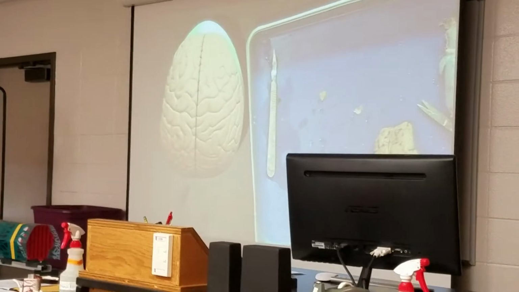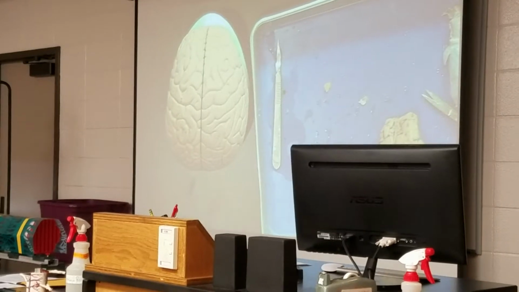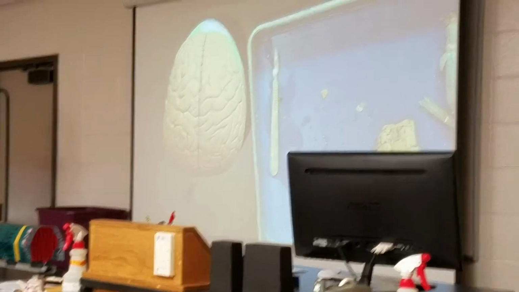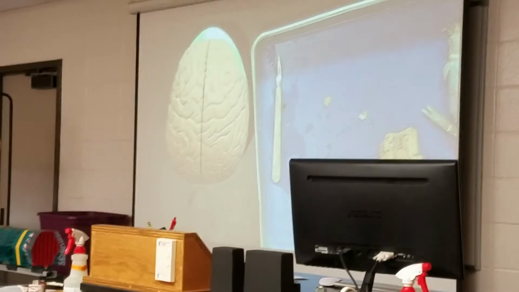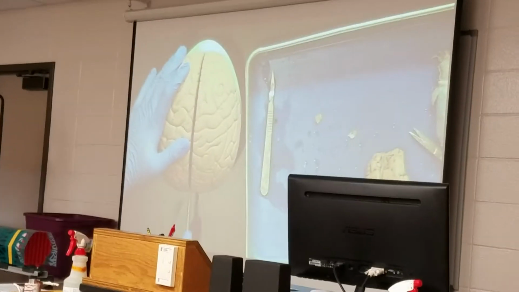Fissures. If you remember what a fissure was, a fissure is something deep, right? Something cuts. A sulcus is like a river, a fissure is like a huge valley. Okay? So we're going to go with this right here. This is the longitudinal fissure.